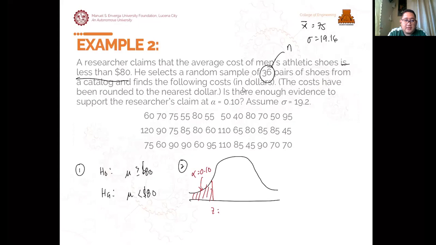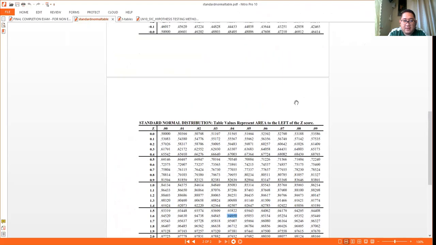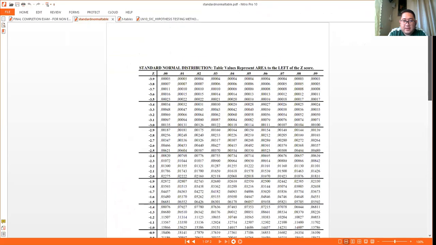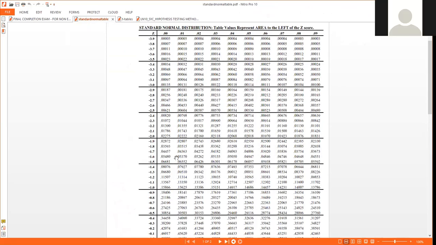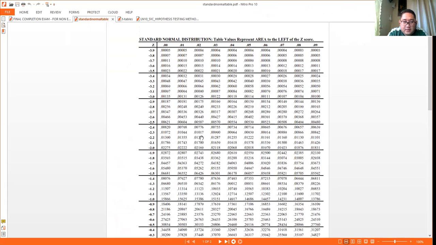Showing the z table, since we're on the left side, we use the negative table. We look for the 0.1 value, somewhere here. Negative 2.32 is 17 away, and this one is only 10 away, so this is our value: negative 2.33.